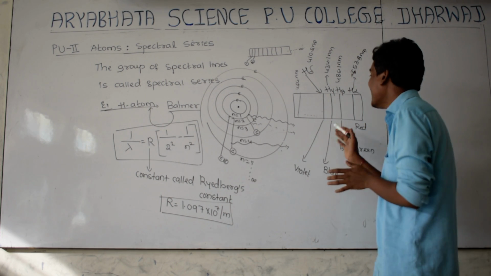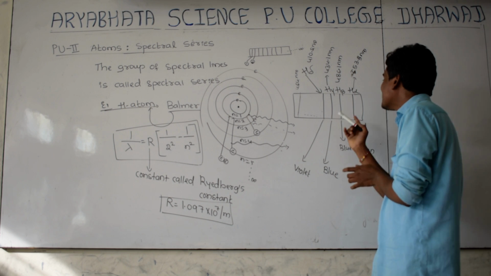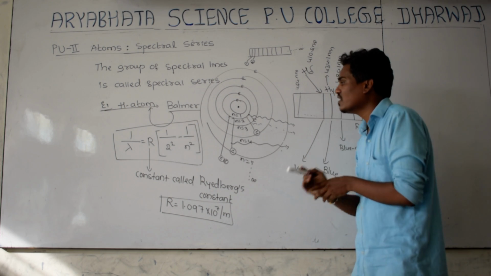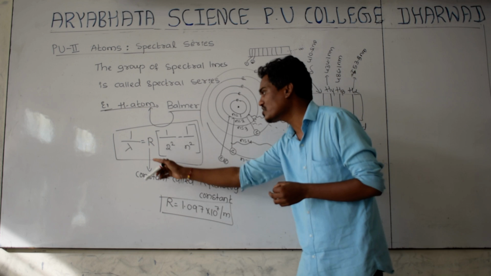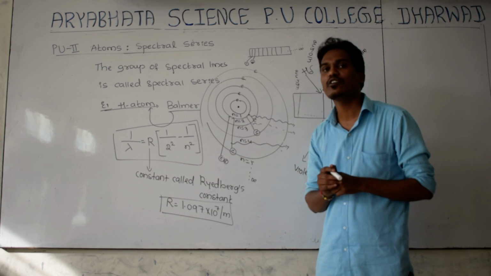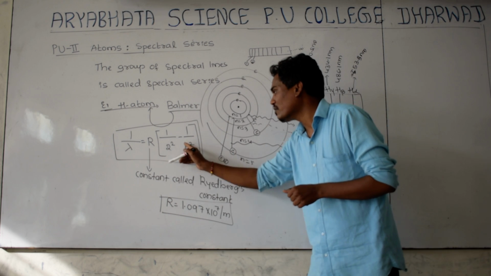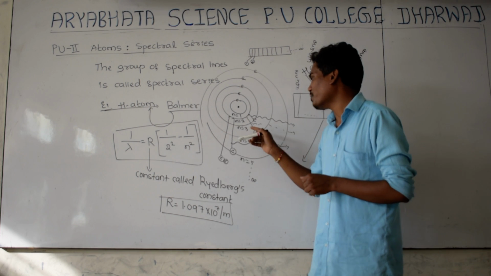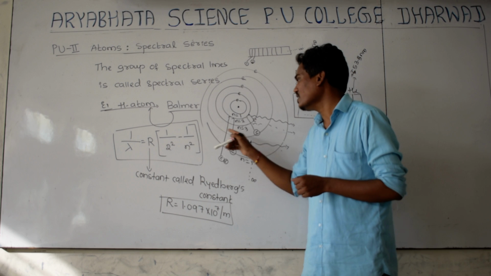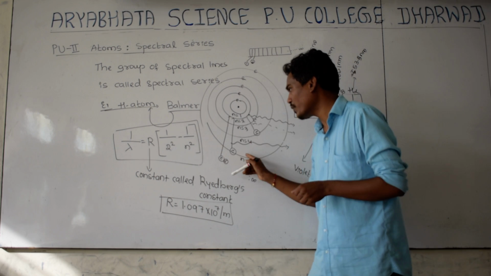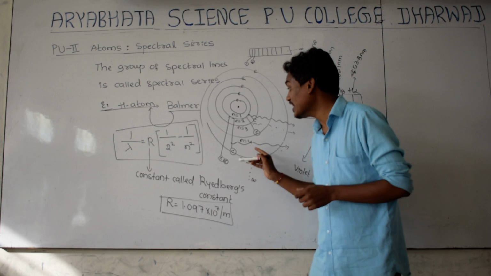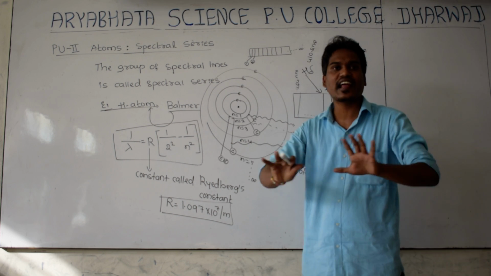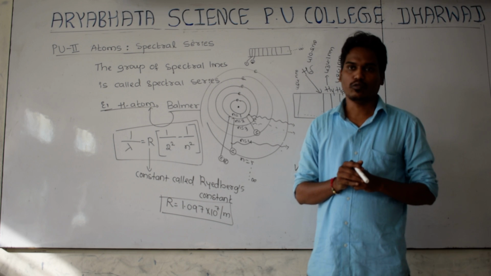And in order to find out the intensity of these spectral lines, he gave the formula 1 by lambda is equal to R into 1 by 2 squared minus 1 by n squared. If n is jumping from third to second, take 3; fourth to second, take 4; fifth to second, take 5; infinity to second, take infinity, and calculate the wavelength value.